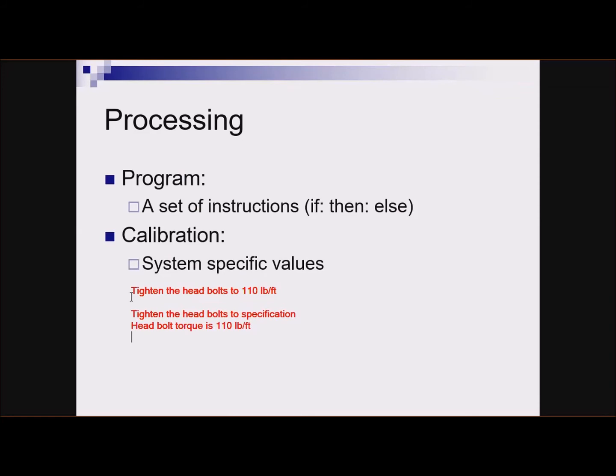Now, what's the difference between these two things? You can follow either set of directions, and the head bolts would be tightened to 110 foot-pounds. The difference is, on the first one, this instruction is kind of hardwired into the process.